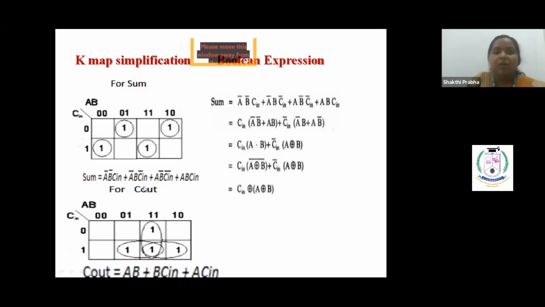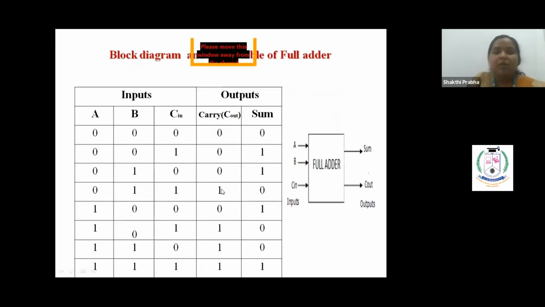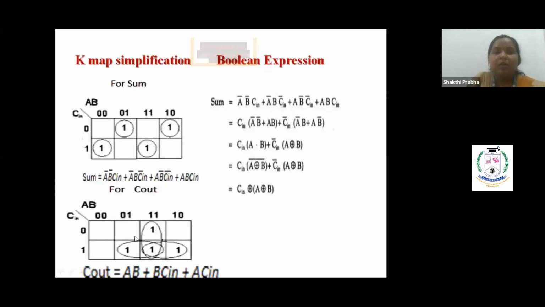For carry, how many ones are there? Yes, 4: one here, one over here, and also one for the final combination. So check the concerned combination for A, B, and C and plot the value. Once I plot the value, you can find that grouping is possible: octet is not possible, quad is not possible, yes, pairing is possible.